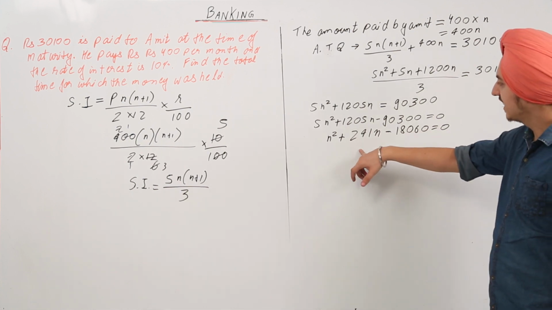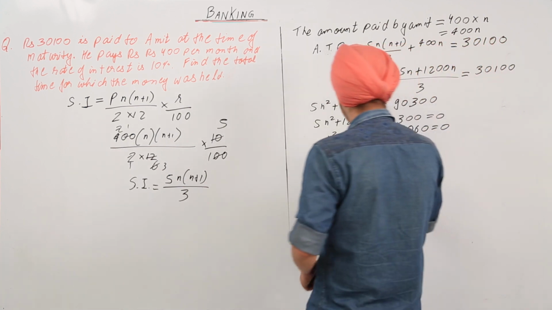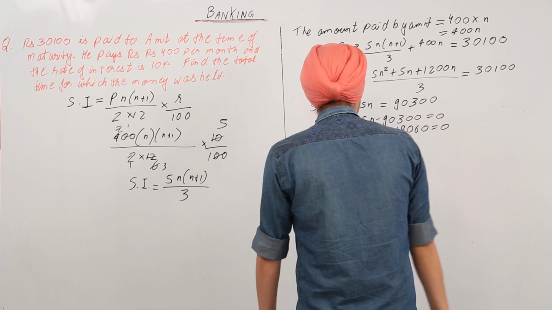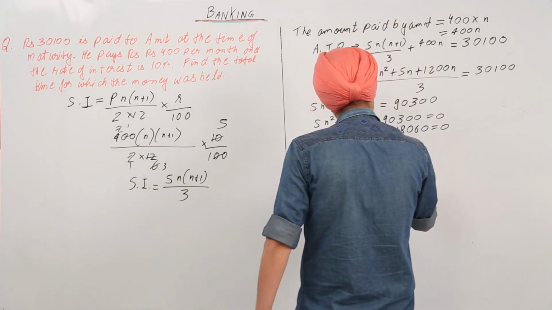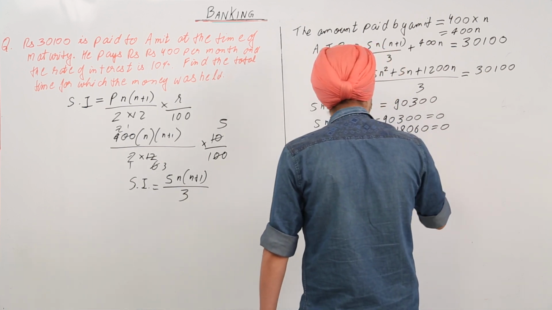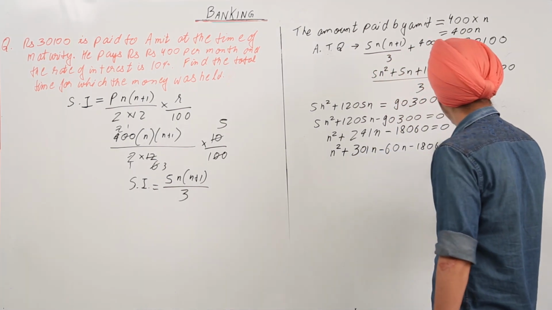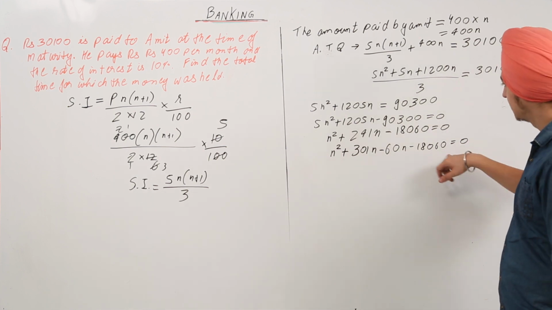So now by splitting of middle term, we can calculate the value of N. We'll get two different values. We have N square plus, I've already done the calculations in the rough, again, I'm telling you guys, minus 60N is equal to this much. So I've split the middle term.